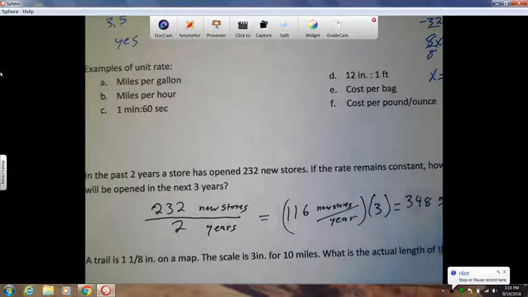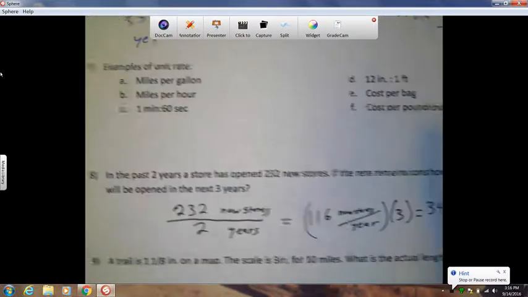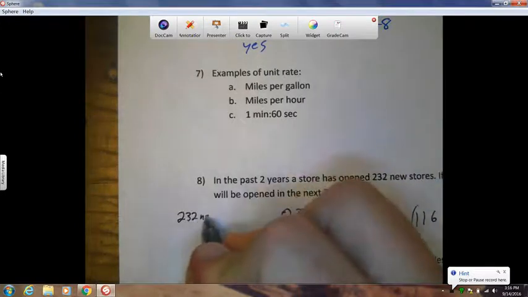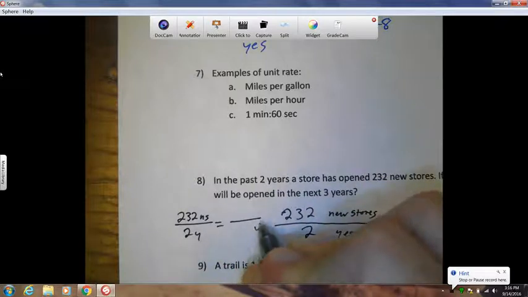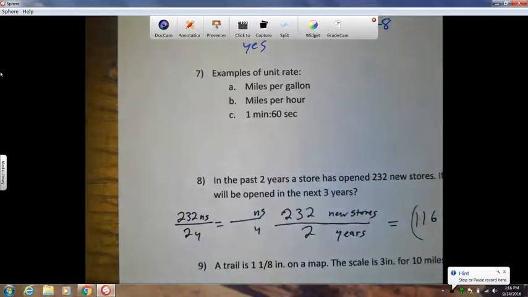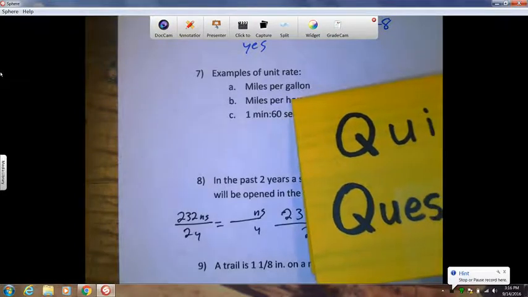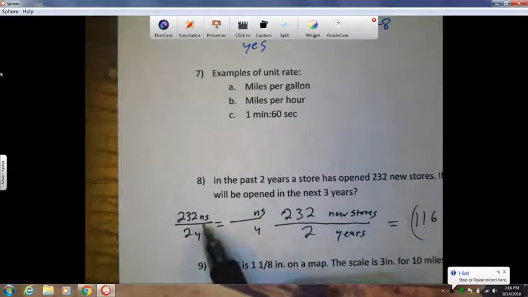Another way to do that is to set it up as a proportion. 232 new stores, 2 years. When you set it up as a proportion, make sure you remember that what's in the numerator on both is the same. So in this case I have new stores in the numerator, and the denominator is years.